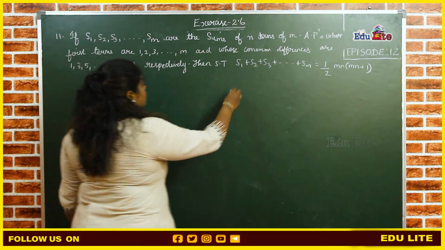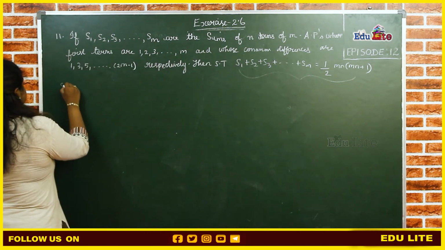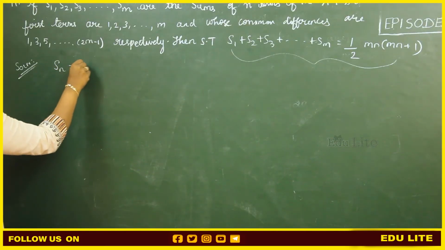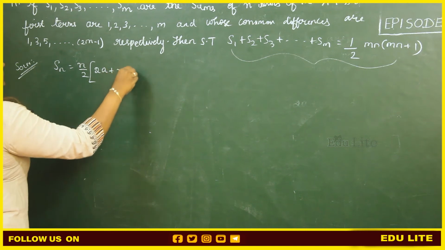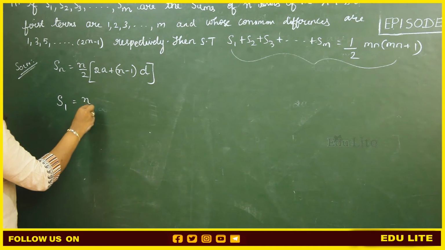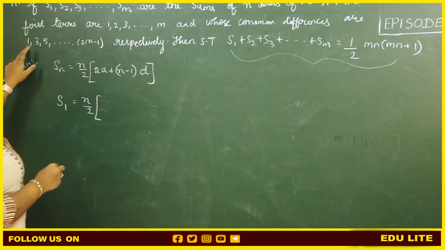So we have to show this equation. So let us do it. First, Sn is equal to n by 2 into 2a plus n minus 1 into d. So S1 is n by 2. For S1 the first term is 1 and the common difference is also 1.